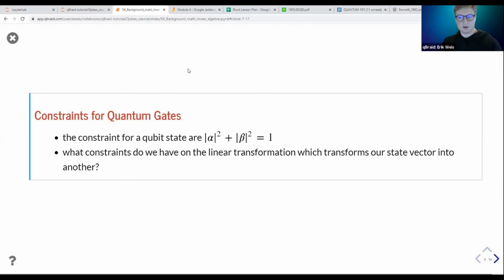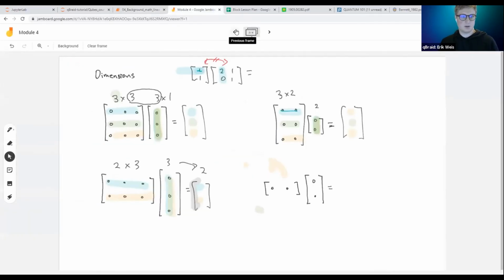this dimension property. We had a 3 by 3 matrix applied to a 3-dimensional vector, which gives us a three-dimensional output vector. And here we had a 3-dimensional vector converted to a 2-dimensional vector.